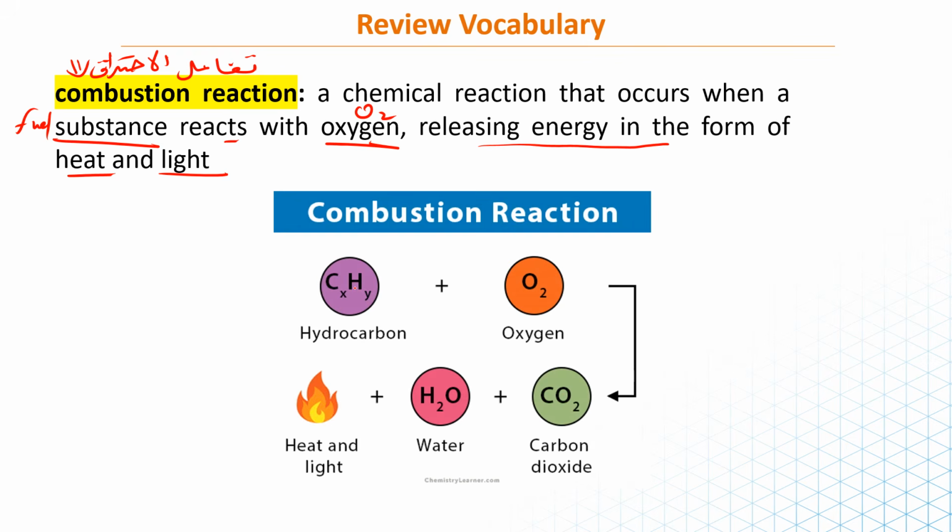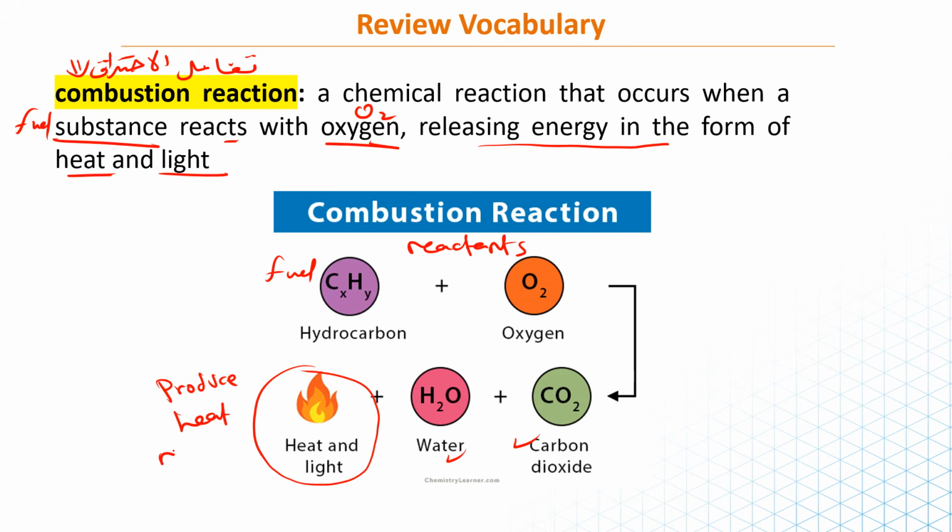You remember this image hopefully from lesson 1, where you have a fuel, or a hydrocarbon, plus oxygen. These are the reactants. They will result in carbon dioxide, water, and heat and light.